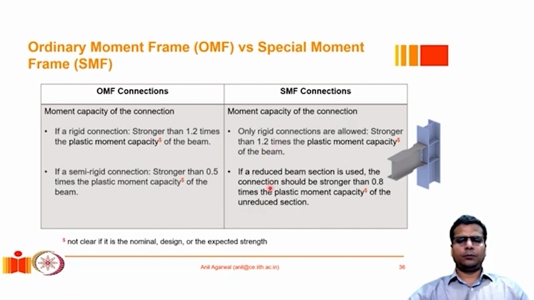Now, what is the strength of the connection? The strength of the connection basically corresponds to the strength of the weld and the way the force is transferred from the beam to the column. There is also a provision of using a reduced beam section, and a schematic of such a beam system is shown here.